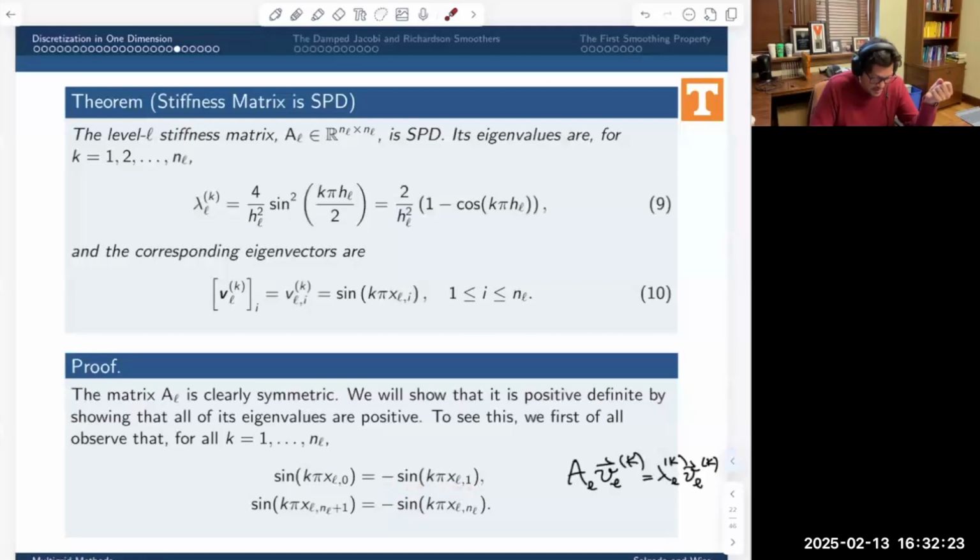In other words, this sine function satisfies the homogeneous Dirichlet boundary conditions if I consider it as a grid function. So that's the first thing we want to put into our pocket. What else do we know? Well, we know that AL is clearly symmetric, so all we need to show is that it's positive definite, by showing that all of the eigenvalues are positive, if these truly are eigenvectors and eigenvalues.